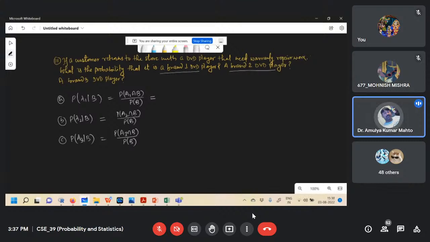It's given for the corresponding percentage of brand 2 and 3 respectively.